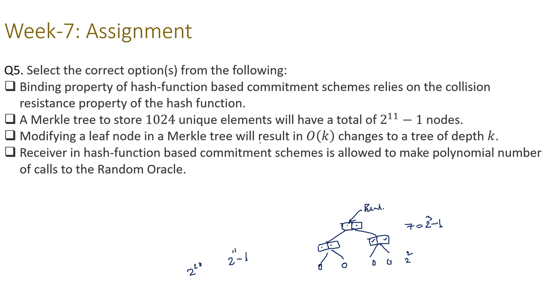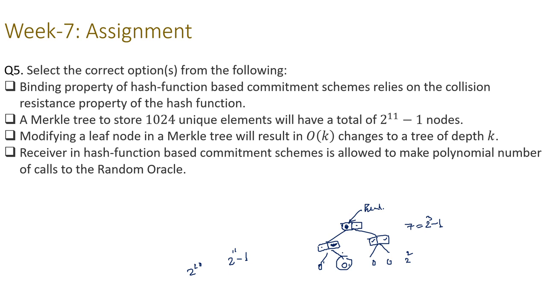Modifying a leaf node in a Merkle tree will result in order of k changes to a tree of depth k. This is also true, right? Because whenever you change, let's take this example, this tree has a depth of 2. Whenever you change this data node, this will affect the hash of the right part of this node, and overall the content of this node will change, and that will affect the hash value in this node.